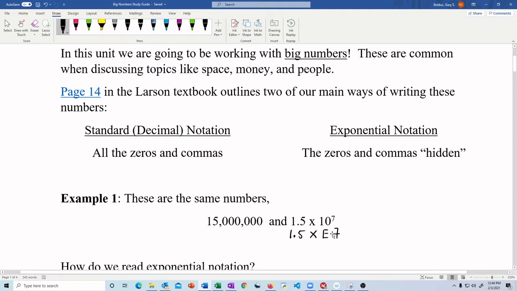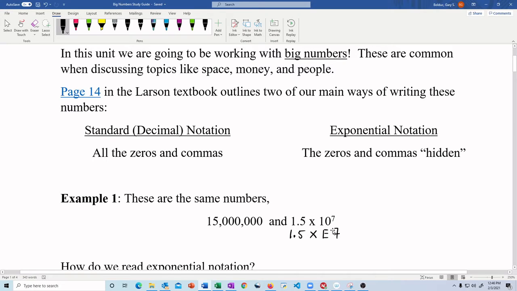Some calculators don't have the ability to show you exponents, and so they write E there instead because it would be more difficult for them to show you 10 and then the little 7 that's raised up. The calculator might not be able to do that, and so that's why it uses E. But it just means the same thing. You see E7, that means 10 to the 7th. So just so you're aware, that might pop up.